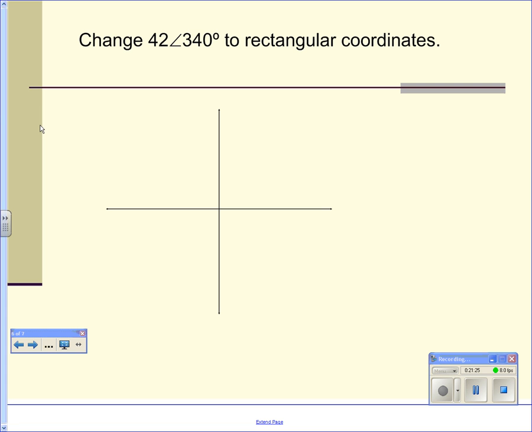Somebody want to go draw the vector? Okay, go ahead, Scott. This bottom one is 270. Wait a second, I did it wrong.